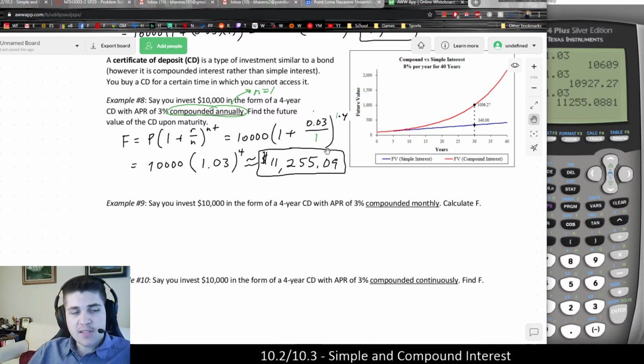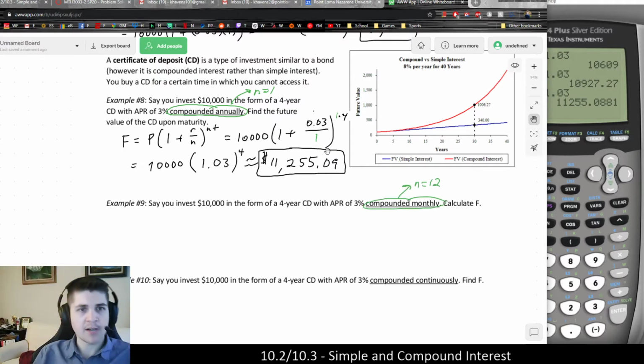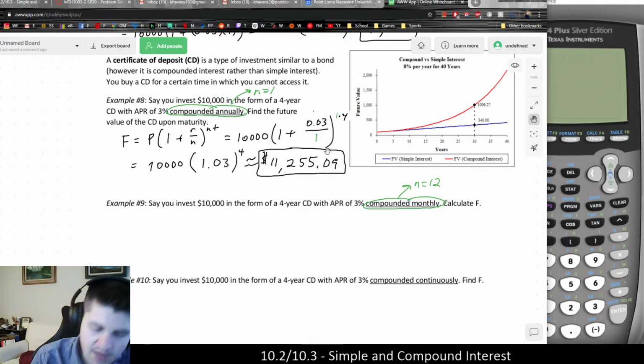But anyways, let's do the same situation but monthly. So basically the only difference here is going to be n, the number of times compounded. Monthly just implies each month, and obviously there are 12 months in the year. So in this case, we're going to be compounding it 12 times per year, which is what's going to be our n.